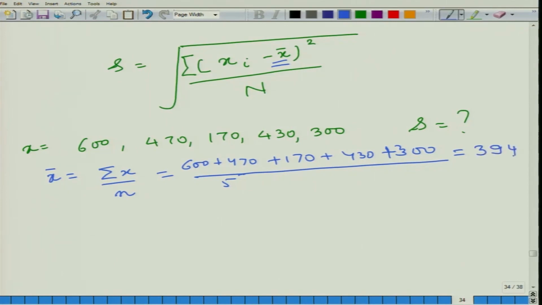So, that is the mean value, that is the measure of the central tendency. Now, how do we calculate the standard deviation? We need to subtract this value of mean from every value.